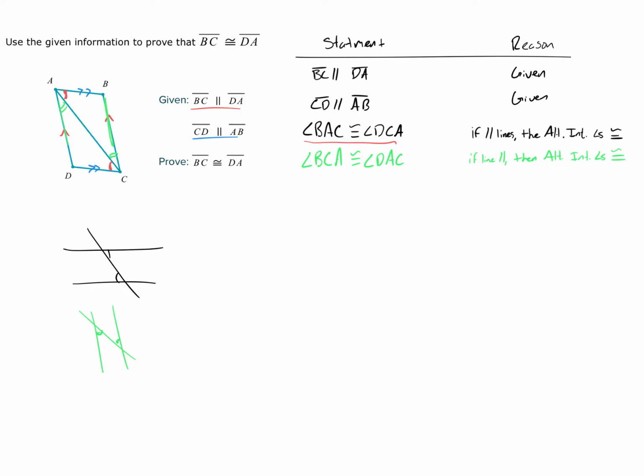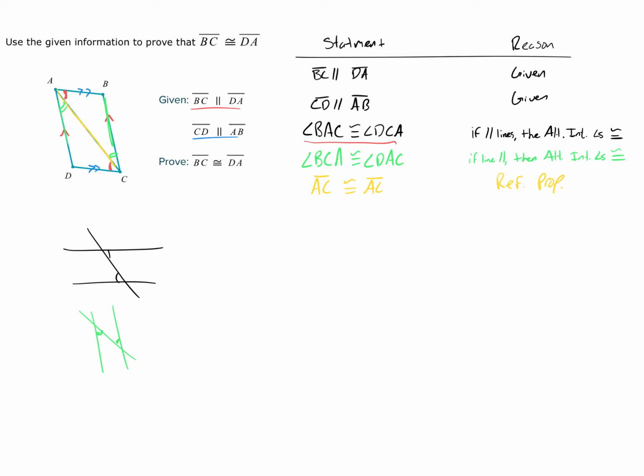Okay. Now, I'm also going to remember that AC is a shared line for both of them. So I'm going to say AC is congruent to AC. That's the reflexive property. You guys probably have that one down by now.